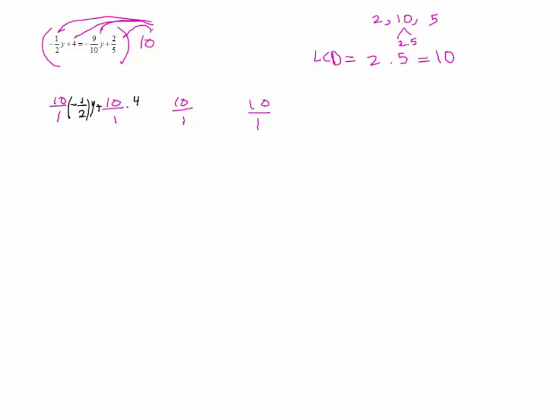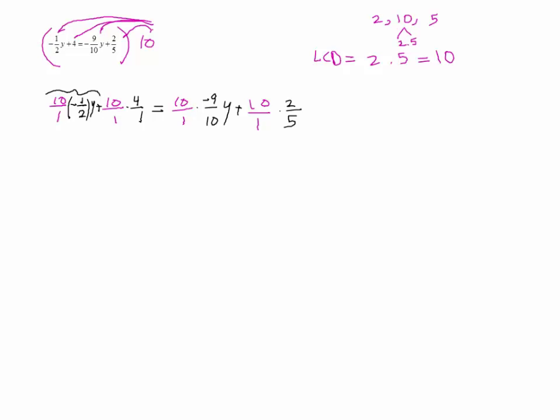The second term, multiply 10 by 4 over 1. Here we multiply by minus 9 over 10y. This one you want to multiply by 2 over 5.